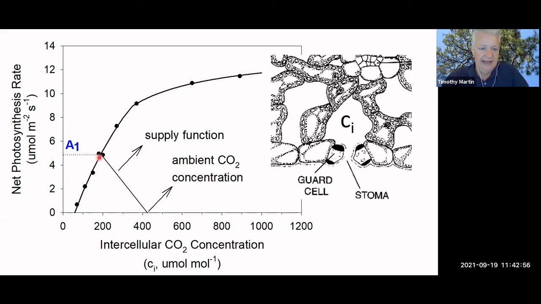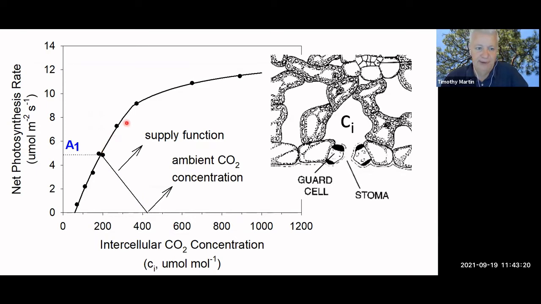And this line, the supply function, is basically a line connecting ambient CO2 concentration to that photosynthesis rate that we measured. The negative slope of this line is essentially the stomatal conductance.